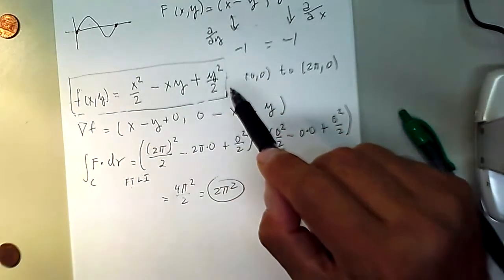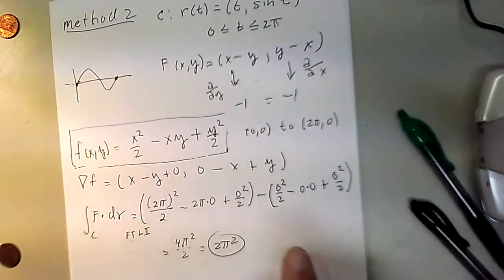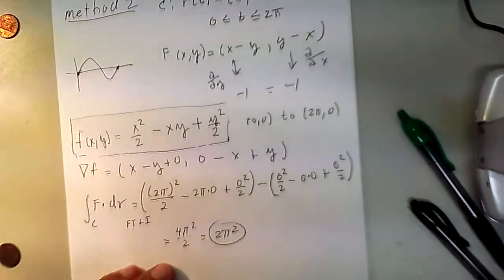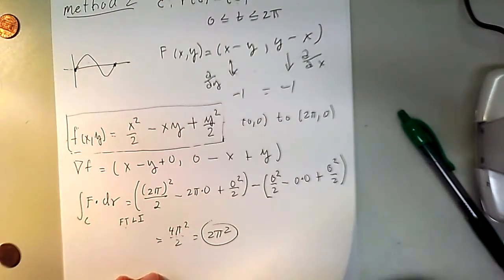Many times it is simpler. I'm sure you can find examples where applying the fundamental theorem of line integrals may be more complicated. I have to think about how to come up with them. Maybe I should do that one day. But oftentimes it is simpler to use the fundamental theorem of line integrals.